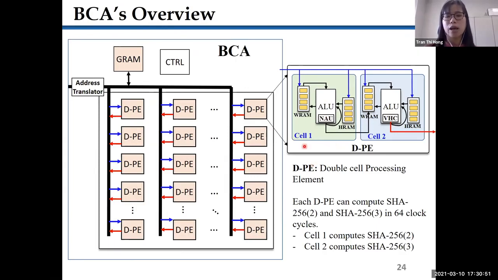Cell 1 calculates SHA block 2 of the double SHA, and cell 2 calculates SHA block 3 of the double SHA. Inside each cell, I use the pi-like ALU architecture and an array of multiple local memories divided into the WRAM and HRAM here for efficient use of the hardware.